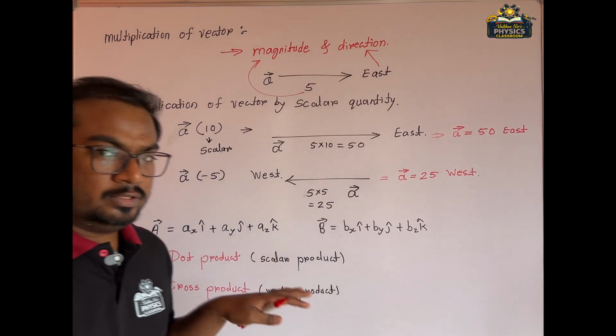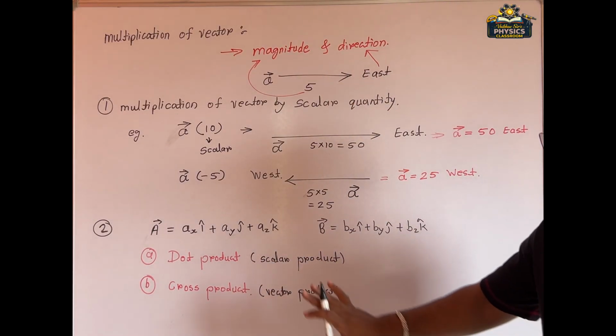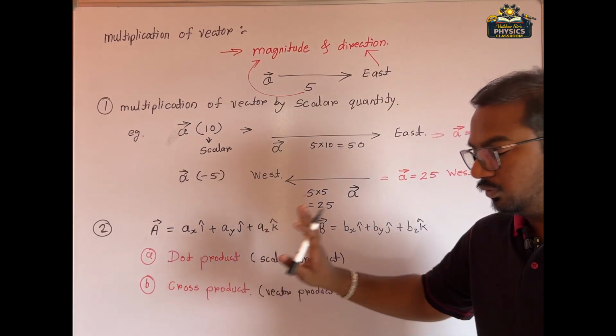We will see them one by one. So what is the dot product and what is the vector product, or the cross product?